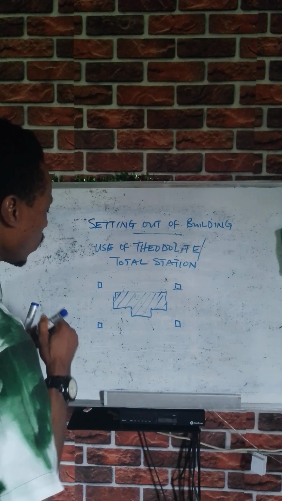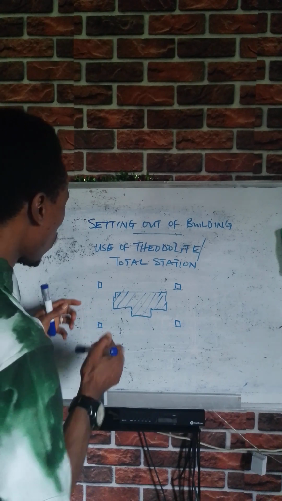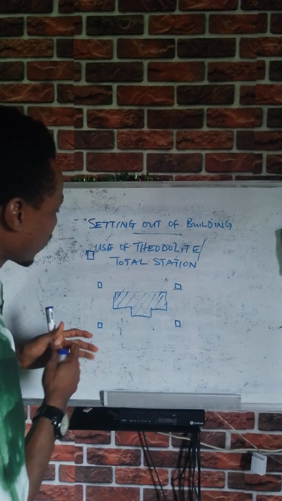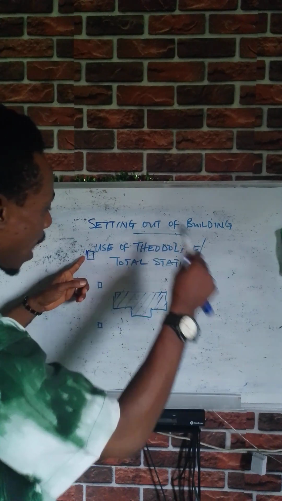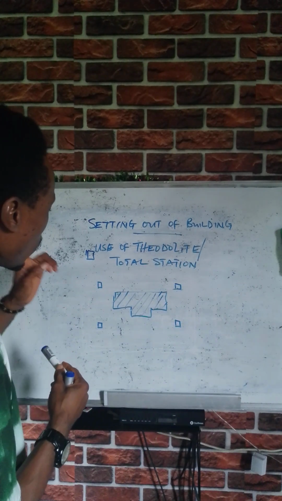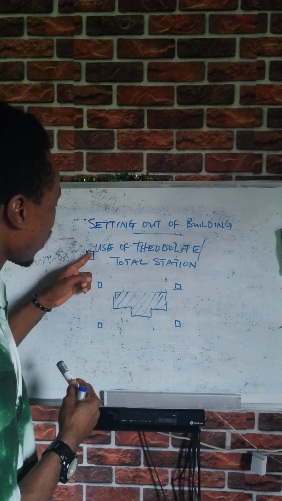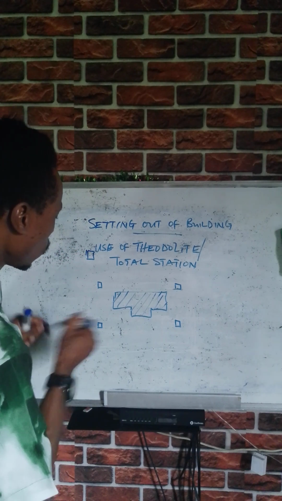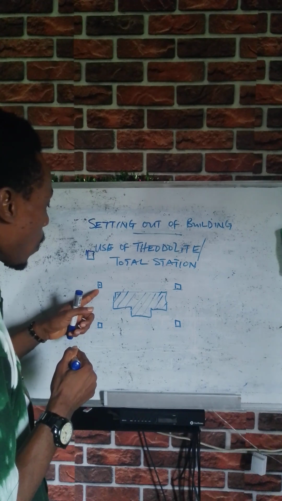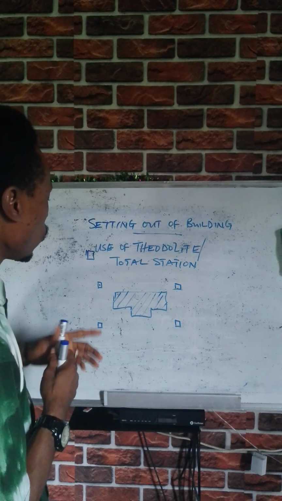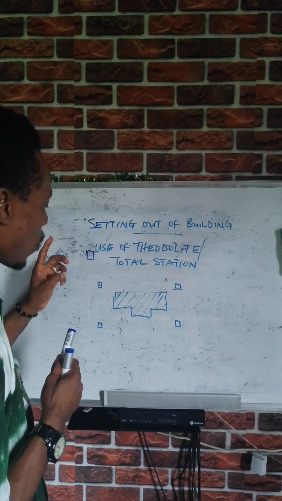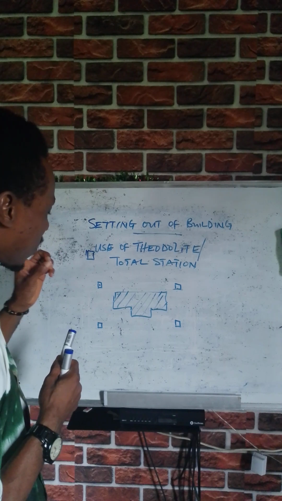First and foremost, you can draw reference from an existing point, the boundaries of that building, from the beacon, to establish this first point. When you're using your total station, you must draw reference from a benchmark, from an established station.